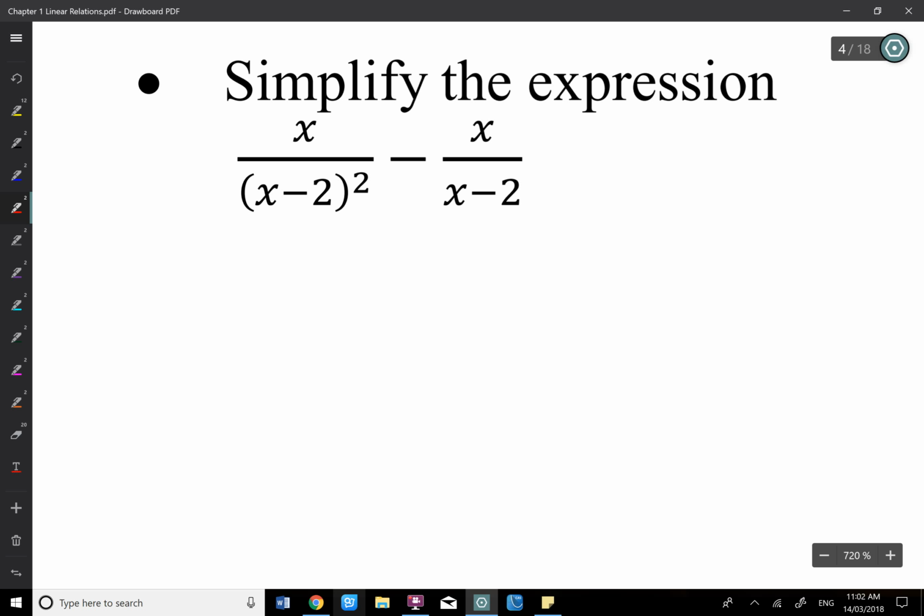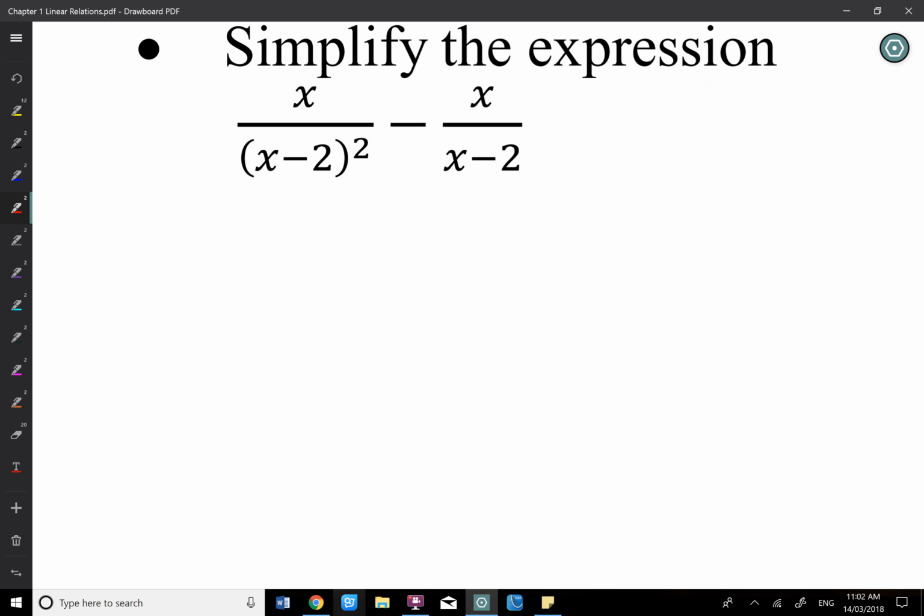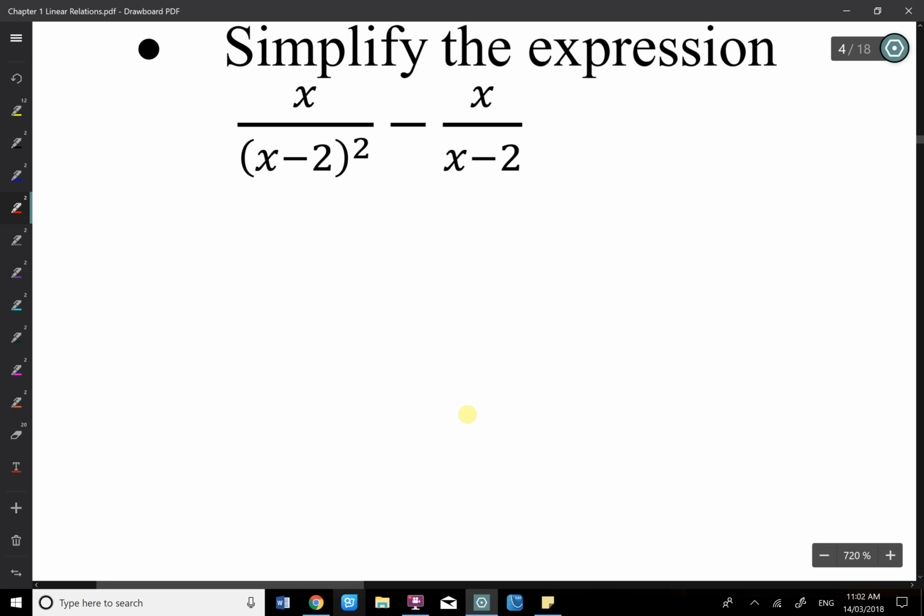Okay, next question here. What's the common denominator for this one? It's x minus 2 squared. So for the first one, there's no need to change it.